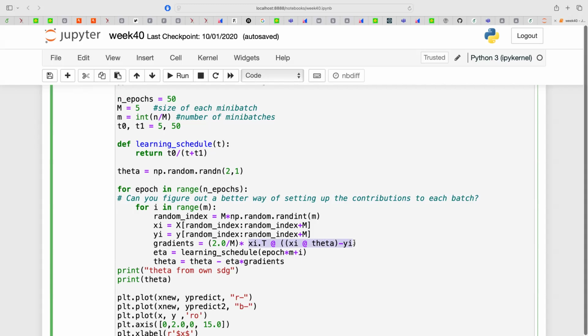Later, when you introduce automatic differentiation, you don't need to hard code the expressions for the gradients, because you just give the expression for the function you want to evaluate the gradients of.